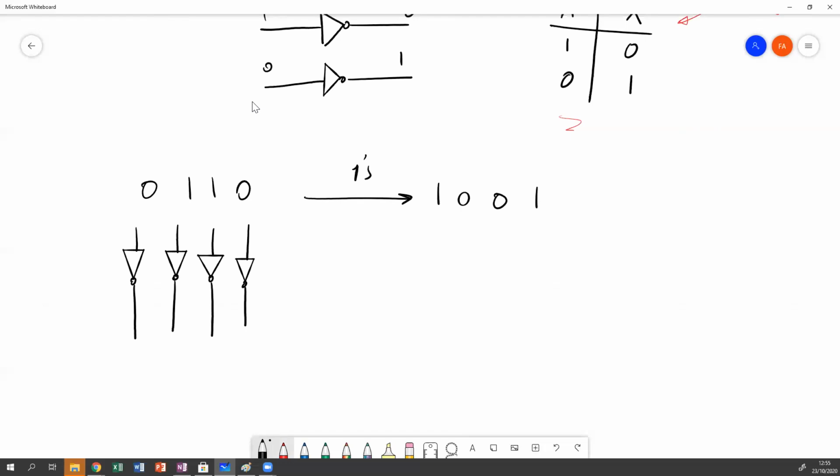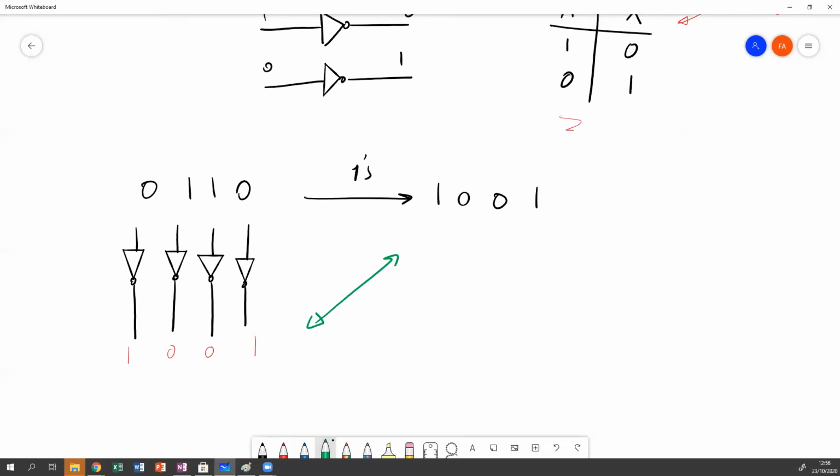So look guys, input is 0, output is 1. Input is 1, the output is 0. 1, 0, 0, 1. So as you see, we discussed one's complement, but in the hardware, what happens?